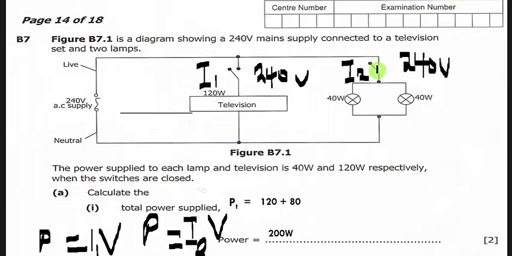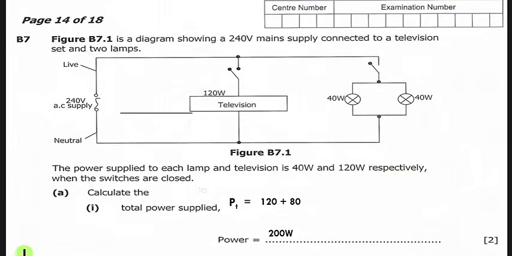Again here, this different current times the same voltage, 240, will give you another power. That's why power differs, and why you need to add the one which is here and the one which is there, which will give you 200 watts. Watts are the units of power.